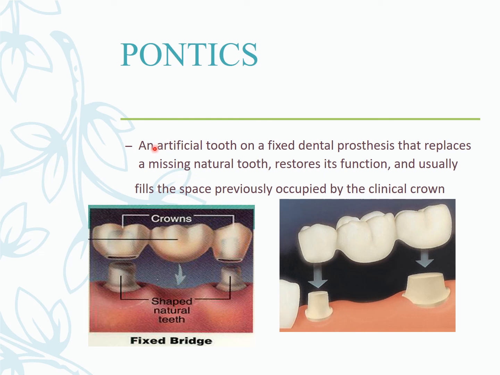Pontic is an artificial tooth on a fixed dental prosthesis that replaces a missing natural tooth, restores its function, and usually fills the space previously occupied by the clinical crown. Okay, so this is the pontic, which replaces and sits on top of the edentulous area. All right, and is connected and sits on the abutment teeth, guys.